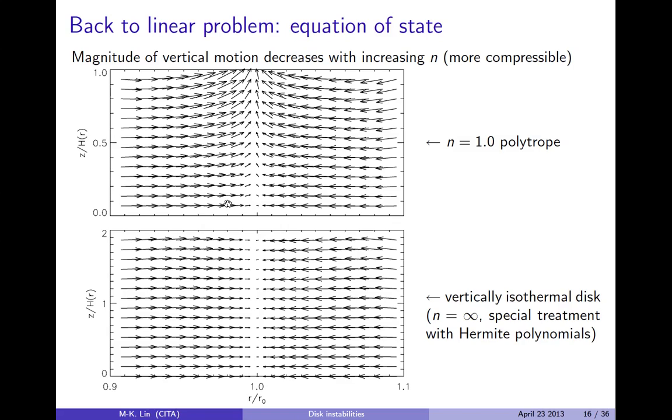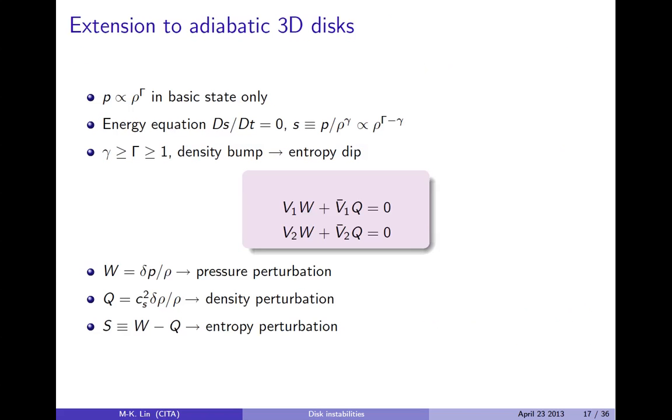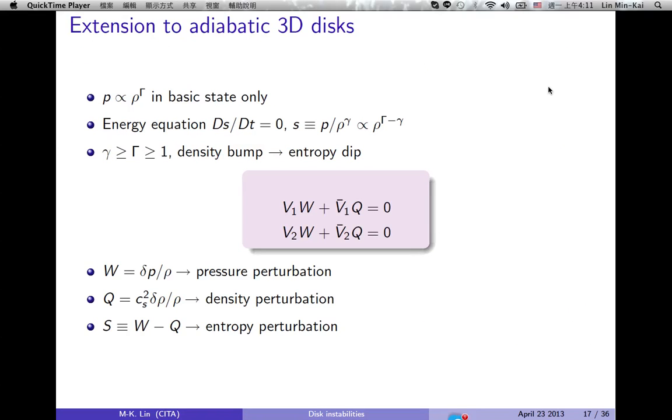It moves upwards because, of course, at the midplane I've adopted an even symmetry boundary condition, so it's reflecting. So shuffling material in pushes the material upwards. That makes sense. So the important thing from this plot is that vertical motion is a function of the equation of state. So the natural next step in the story is to include an energy equation.